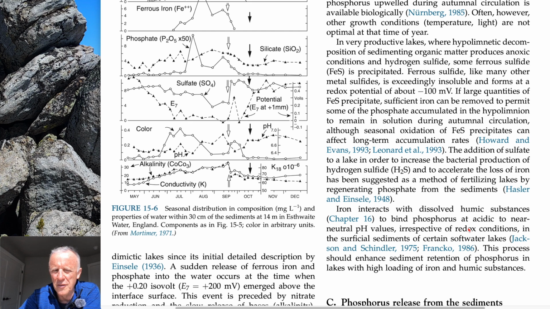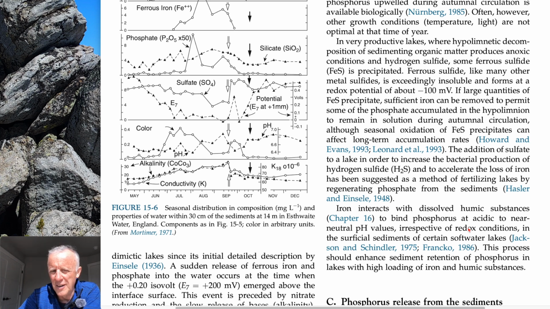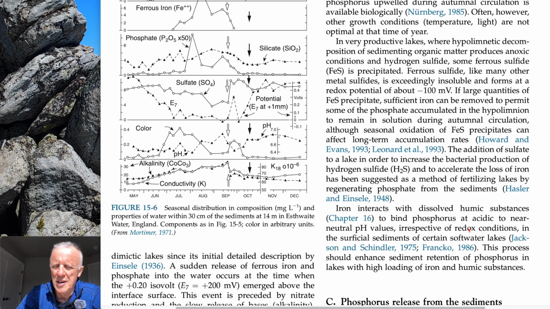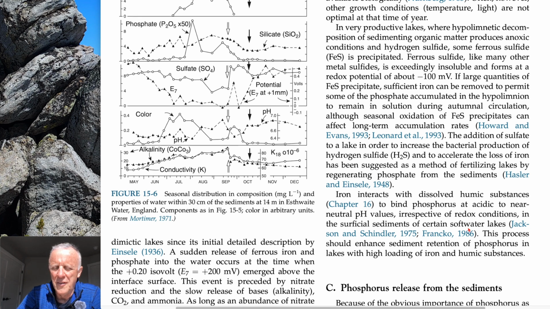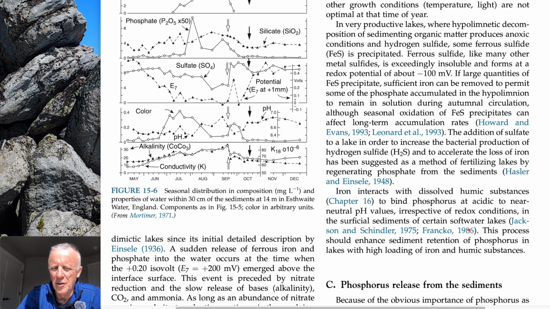If large quantities of FeS, iron sulfide, precipitate, sufficient iron can be removed to permit some of the phosphate accumulated in the hypolimnion to remain in solution during autumnal circulation, although seasonal oxidation of iron sulfide precipitates can affect long-term accumulation rates. The addition of sulfate to a lake in order to increase the bacterial production of hydrogen sulfide and to accelerate the loss of iron has been suggested as a method of fertilizing lakes by regenerating phosphate from the sediment.